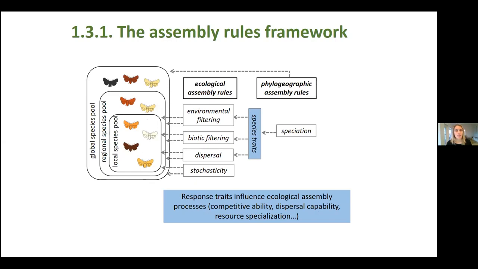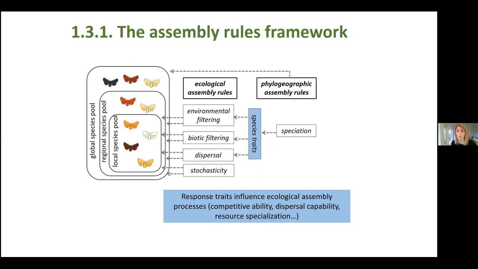And a very important part of the assembly rules framework are actually species traits, because many species traits can influence the ecological assembly processes. These sorts of species traits are known as response traits. So, for example, the competitive ability of a species will obviously affect biotic filtering.